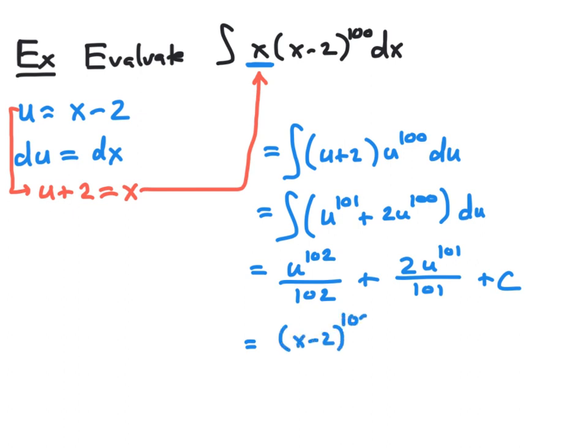So we have x minus 2 to the 102nd power over 102, plus 2 times the quantity x minus 2 to the 101st power over 101, plus c. And this final expression is our indefinite integral of x times x minus 2 to the 100 dx.